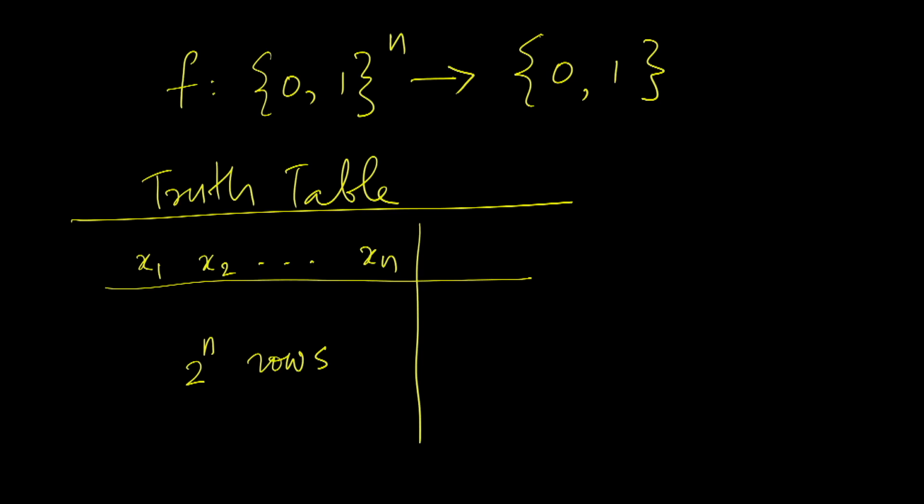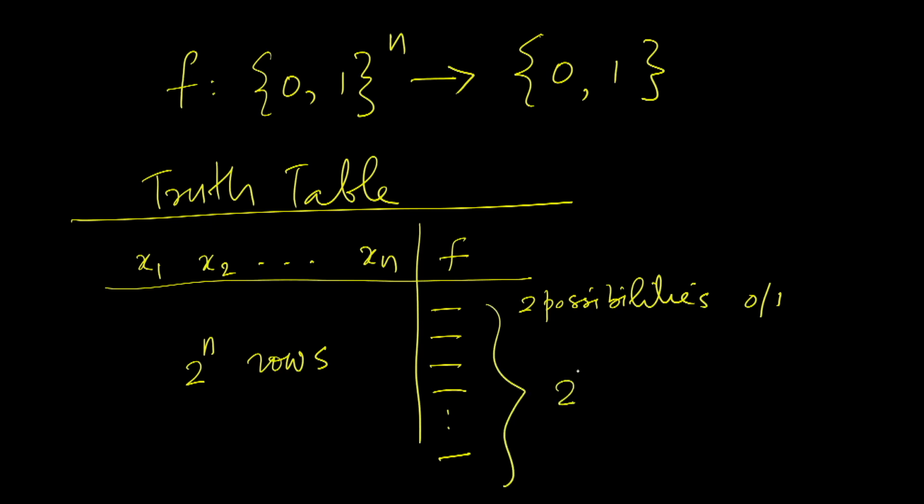Therefore, when you specify the function, you have to fill these 2 power n positions. At each position, there are two possibilities, zero or 1. So altogether there are 2 power 2 power n possibilities. So there are 2 power 2 power n Boolean functions of this signature.